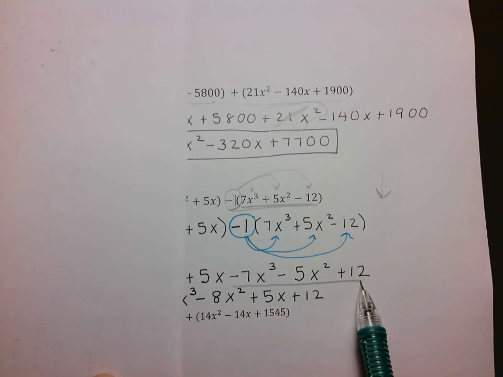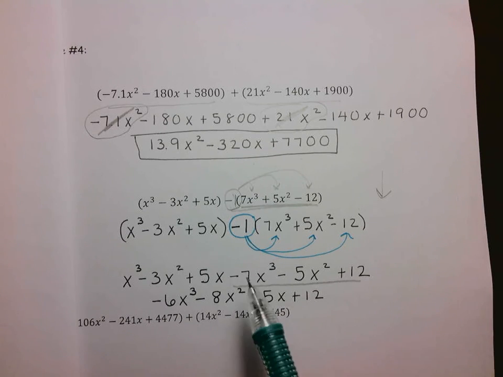Then go ahead and deal with the other polynomial and just bring it straight down. So pause the video to make sure that you fully understand what I did. It's very important that you develop that skill.